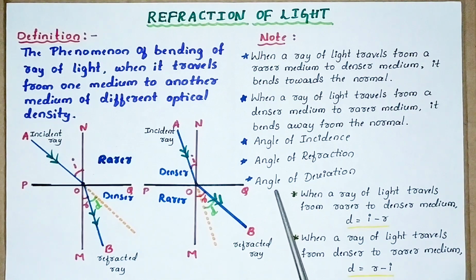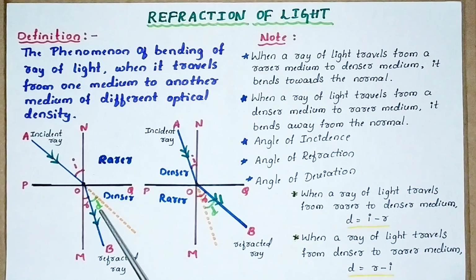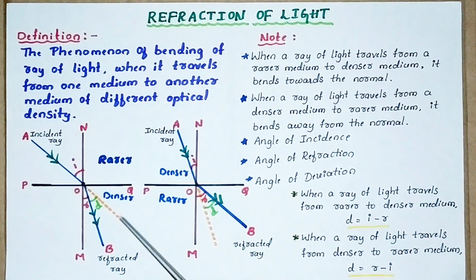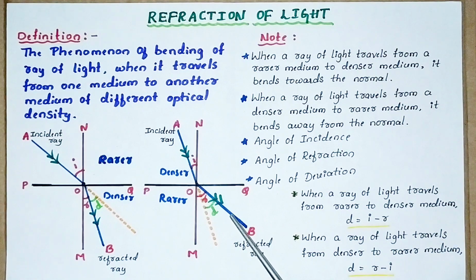Then third point, angle of deviation. Angle of deviation is angle between, you can observe, deviation, diverted, its path changes. Angle of deviation means it is the angle between incident ray extended and refracted ray. So what does it mean?